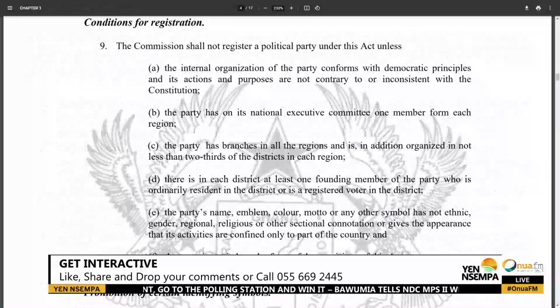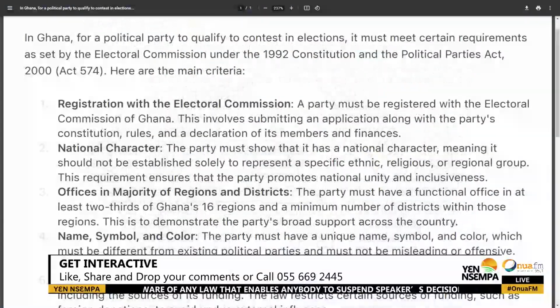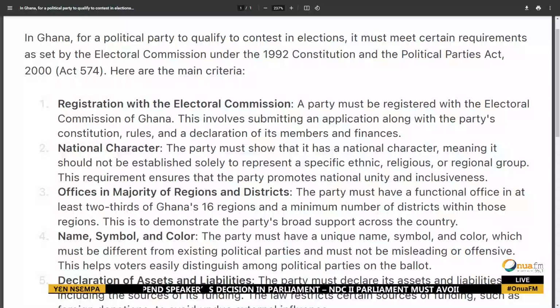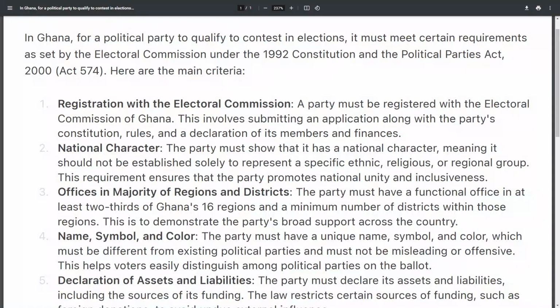It's not ambiguous. Functional office in at least 2/3 of Ghana's 16 regions and a minimum number of districts within those regions. This is to demonstrate the party's broad support across the country.